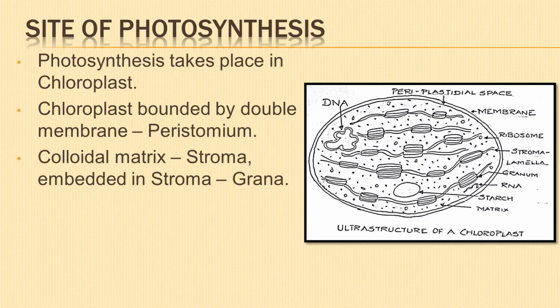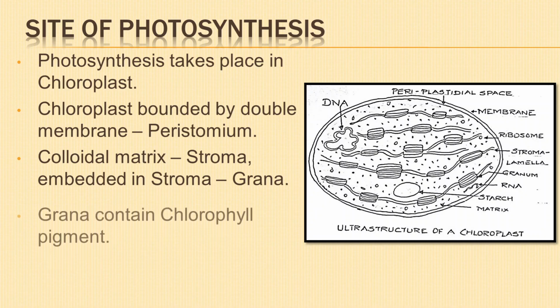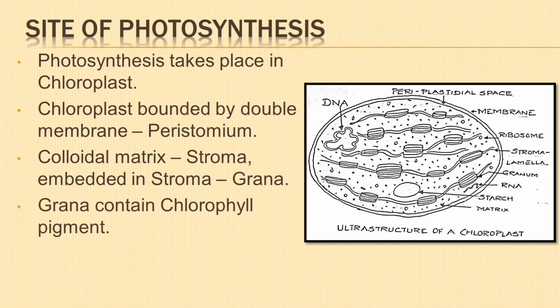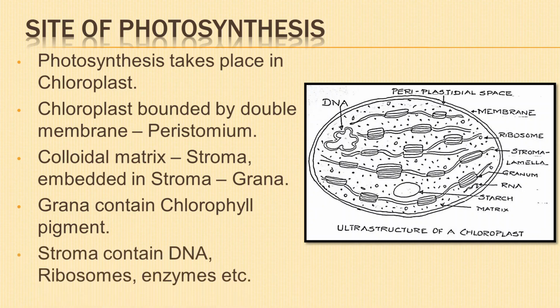Embedded in the stroma are the grana, which are made up of stacks of disc-shaped structures known as thylakoids. Grana of the chloroplast contain the chlorophyll pigment, while the stroma contains DNA, ribosomes, RNA, and various enzymes needed for the dark reaction of photosynthesis.